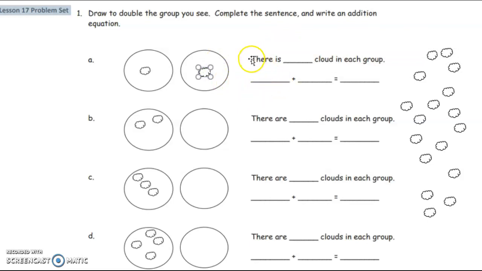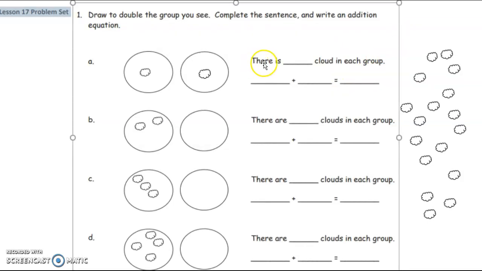So pause this video and fill out this sentence frame and this equation. Okay, if you filled out there is one cloud in each group and the equation is 1 plus 1 equals 2, then you are correct.